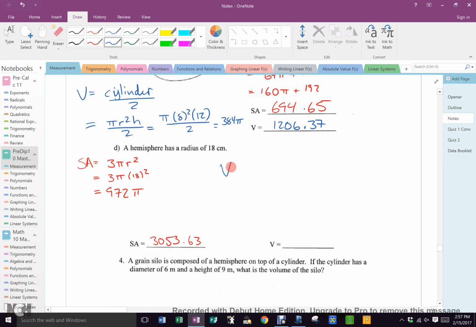And volume is 4 pi r cubed over 6 for a hemisphere.